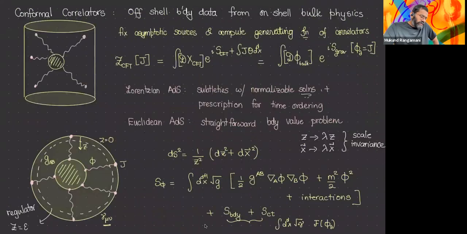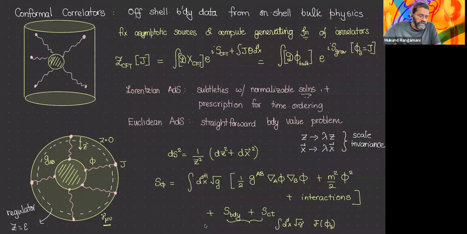Well, if I go back to my action, I can try to compute the on-shell action with the source value prescribed. There's no boundary term to evaluate. We'll worry about the counter terms in a second. But I've prescribed some boundary values. The action is a functional of those boundary values.